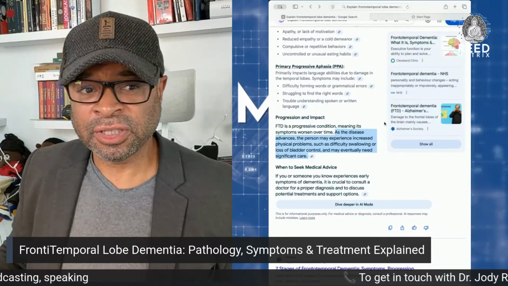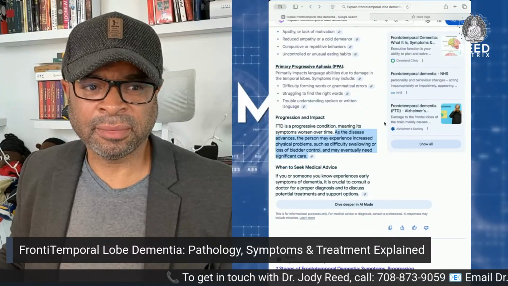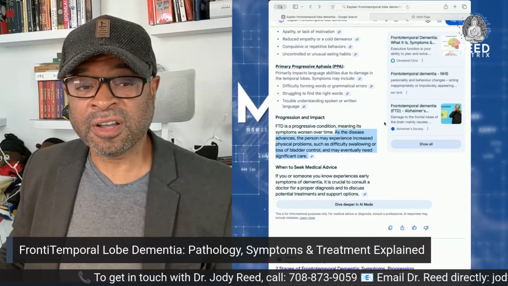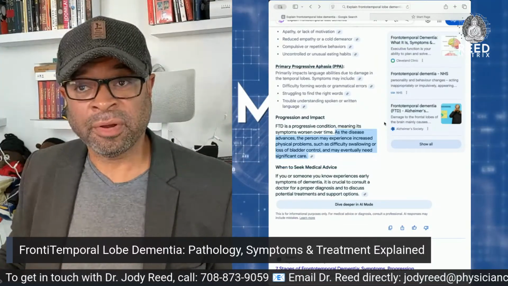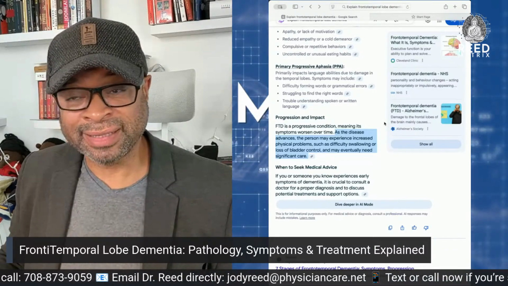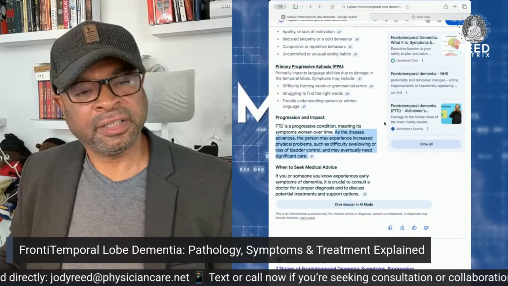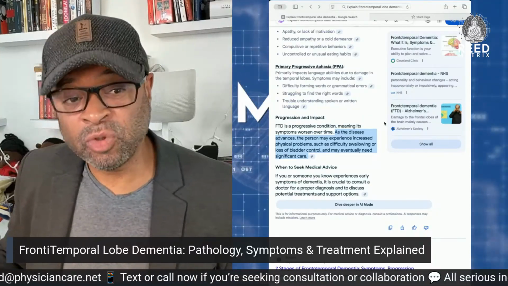Okay, and that's in the early stages. So you don't really see the cognitive problems in early Alzheimer's. If you look at Parkinson's dementia, which is primarily damage to the dopaminergic neurons within the substantia nigra of the basal ganglia, it is still localized primarily to movement.